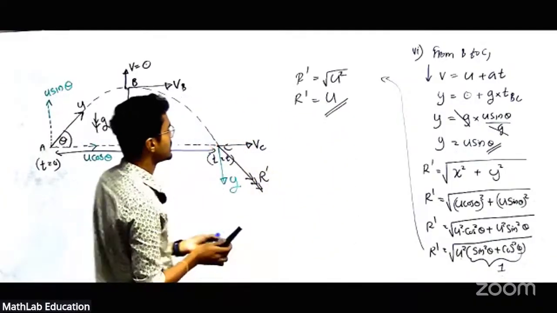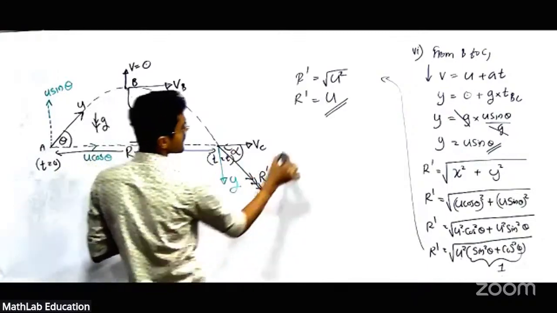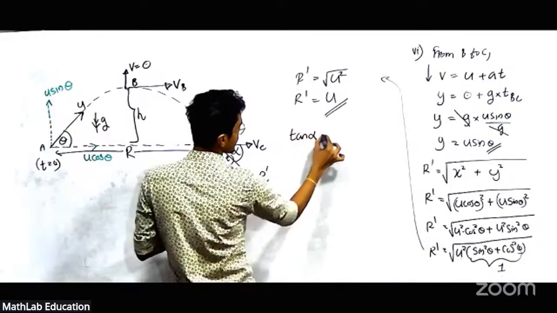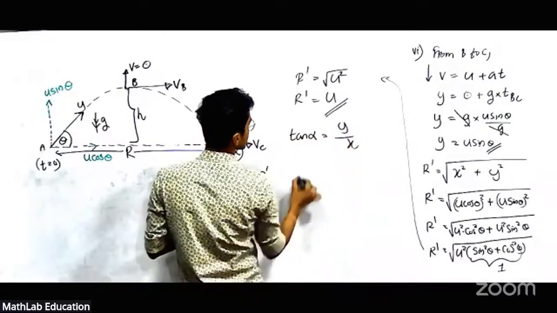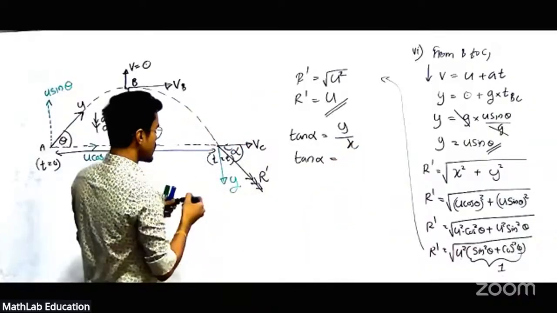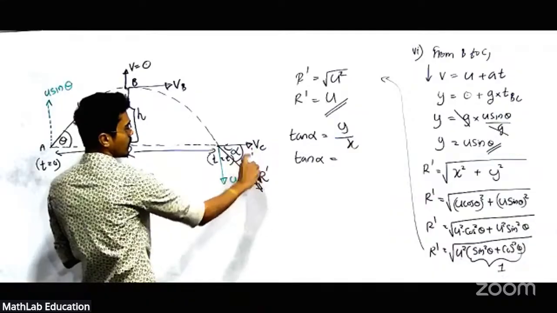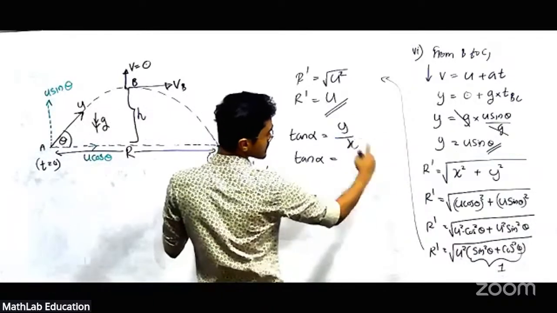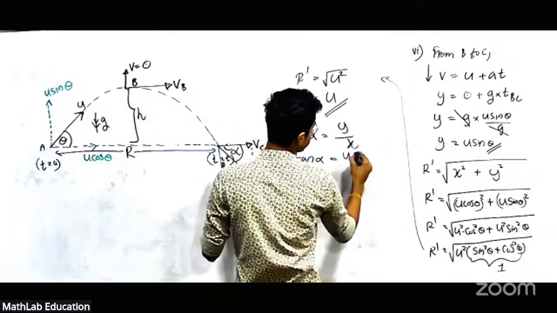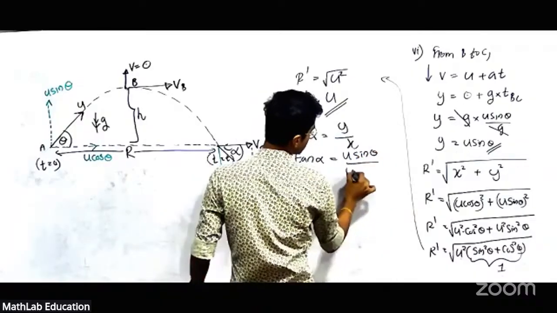Now, if we need the angle, I will label this angle as alpha. This is what I am going to determine. We know always tan alpha can be written as y over x, from the previous theory you learned. Now the y direction is this one. y is u sin theta, x is u cos theta.